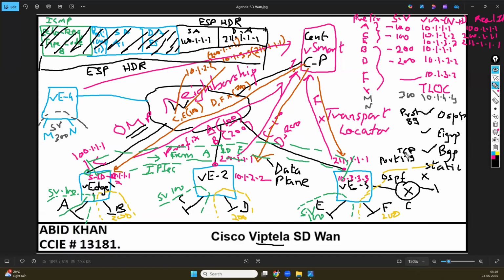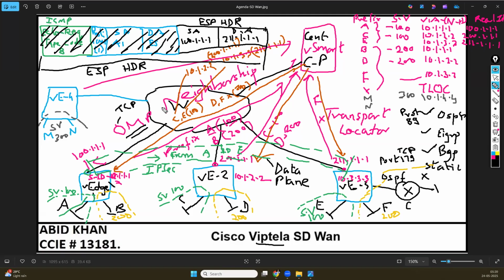OMP was also created by Viptela to exchange a very large number of routes. So the exchange must happen reliably. That's the reason OMP is also a TCP based protocol.